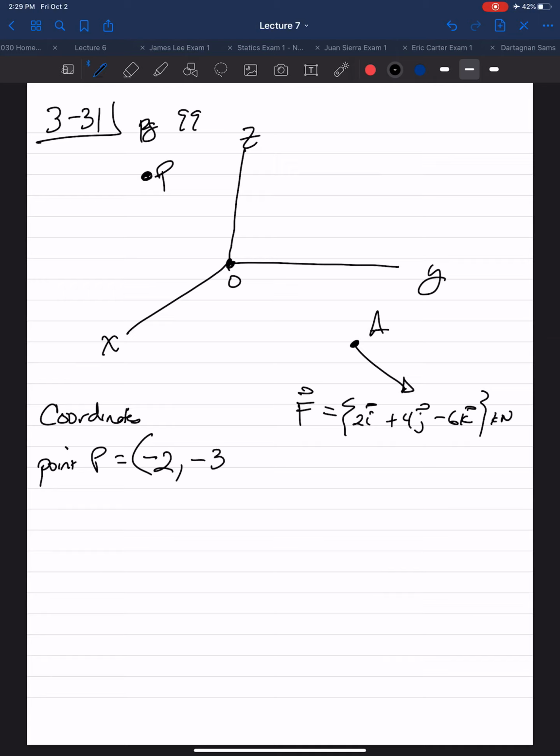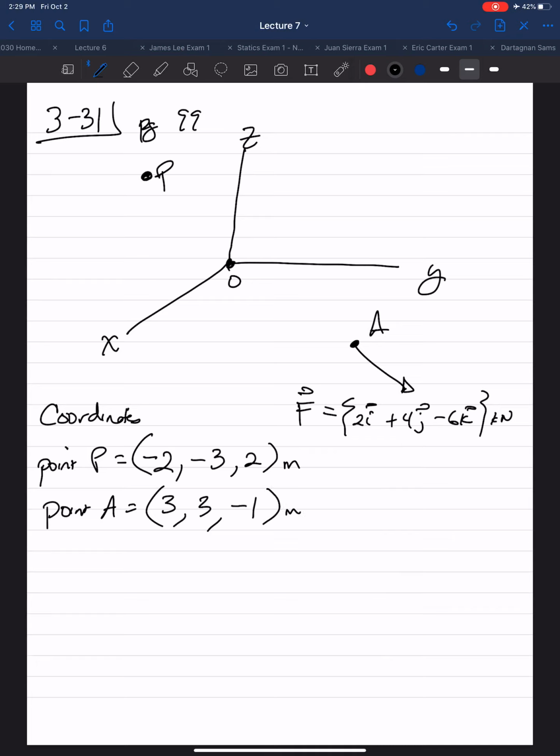And in the z direction, that's +2. Coordinates of point A would be positive x direction 3, and this is in meters. For the y direction, that is 3 as well. And in the z direction, that's -1.